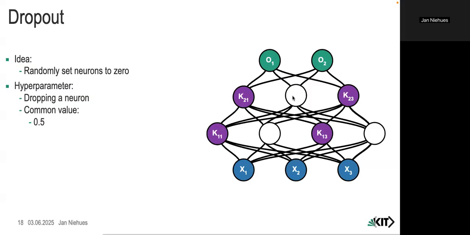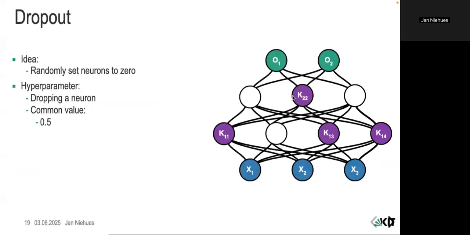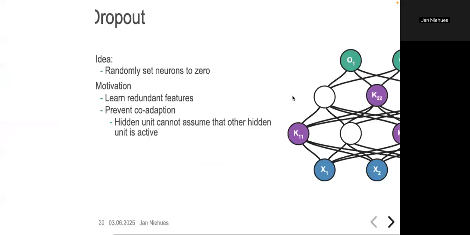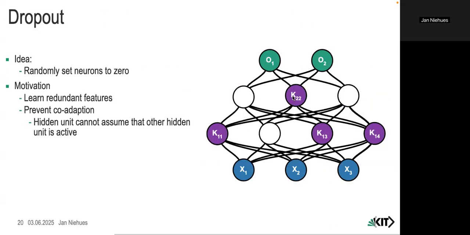Since it's random, another situation could be something like that, where we're now dropping two things from there and one thing from this. What is the motivation behind that? One way of viewing it is that we are trying to learn more redundant features, because it has to be able to recover things even if they are different.